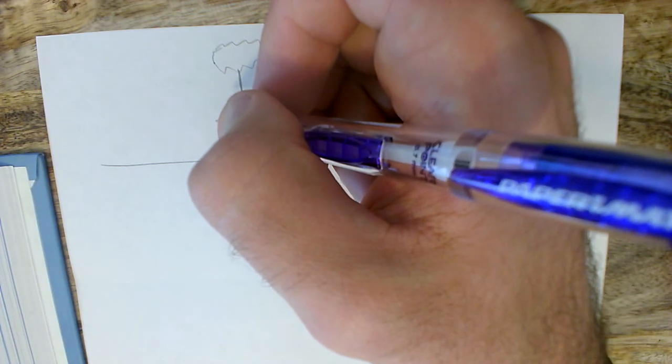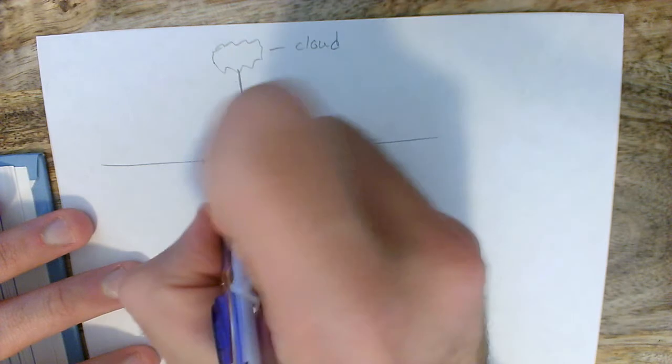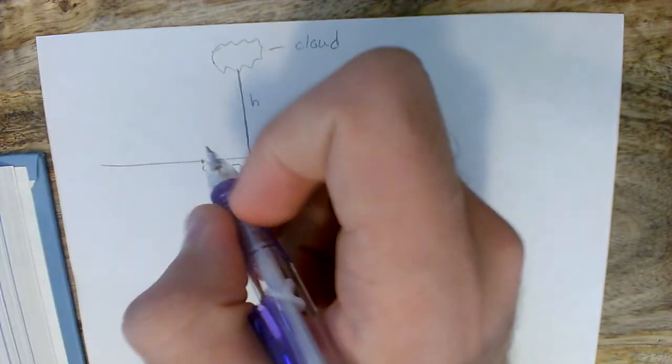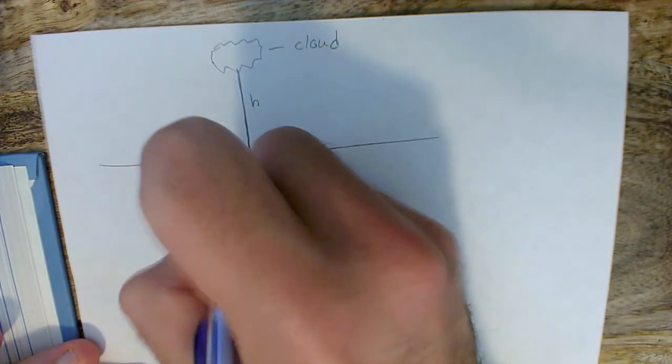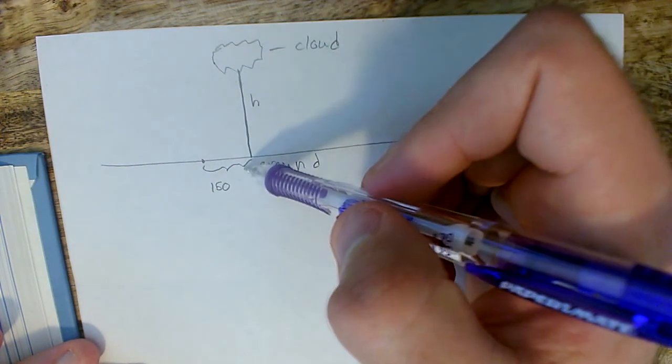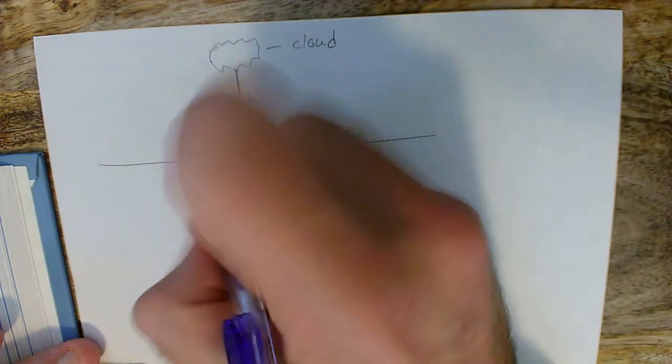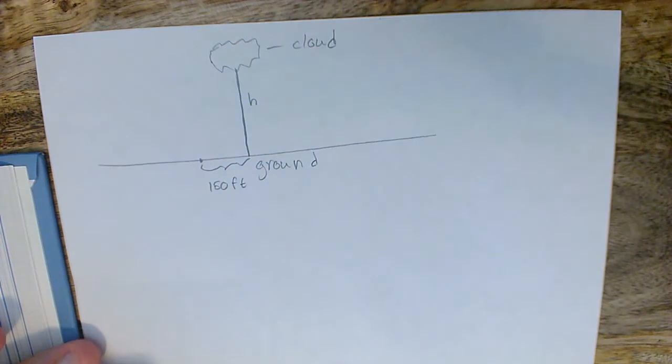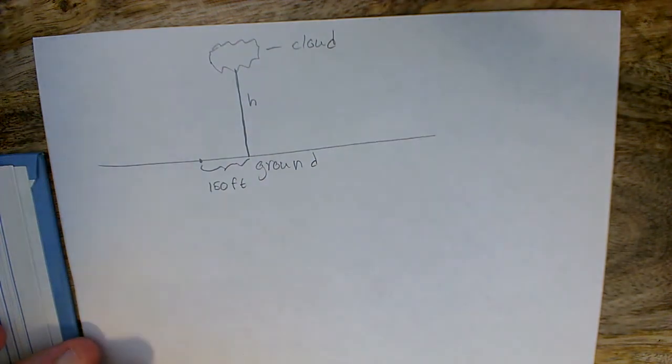Okay, so let's say that we are standing right here, which is 150 feet away. If you drew a straight line from the cloud down to the ground, we are standing 150 feet away from that point.